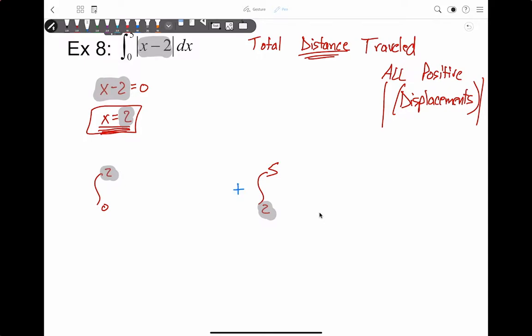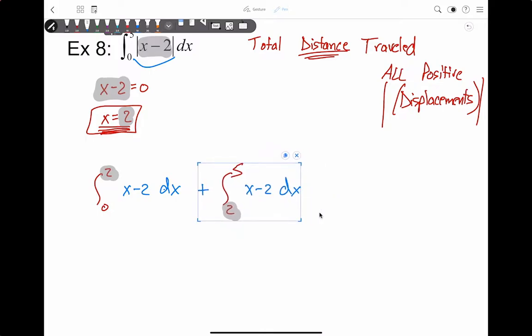Now that we've done that, we don't need to include the absolute value anymore. We can just solve this out as x minus 2, and we're going to add this x minus 2 over here, because we're already accounting for each individual piece or interval that could be positive or negative displacement-wise.